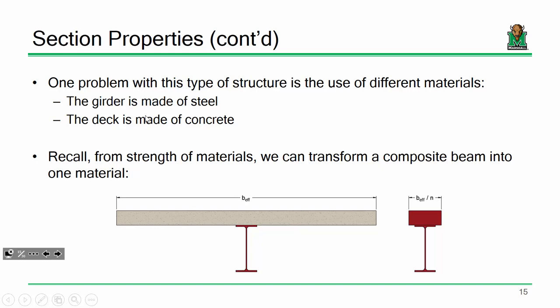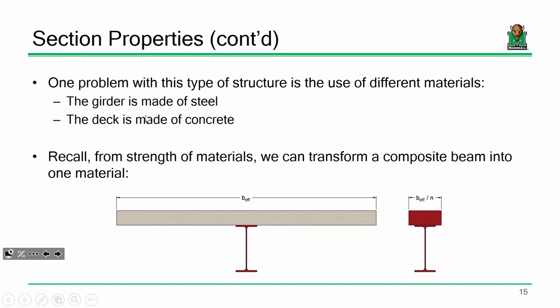We take one of those materials, in this case the concrete, and we transform it into an effective lump of steel. If you've taken reinforced concrete design, you do something similar when you calculate deflections, but it's actually the opposite. You take the rebar in the bottom of the beam and transform it into an effective lump of concrete. Here we're taking the concrete and transforming it into an effective lump of steel.